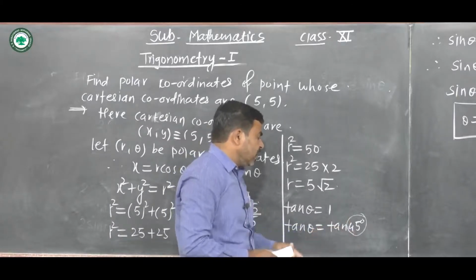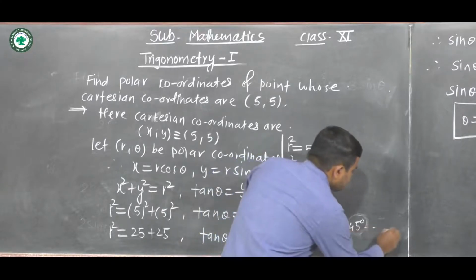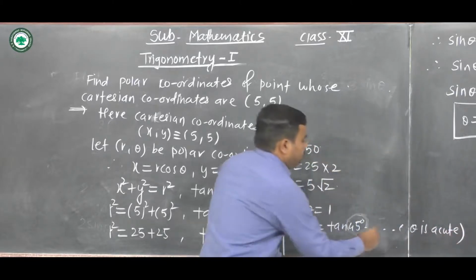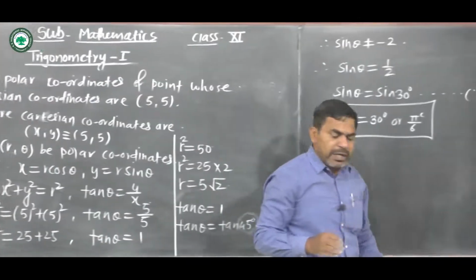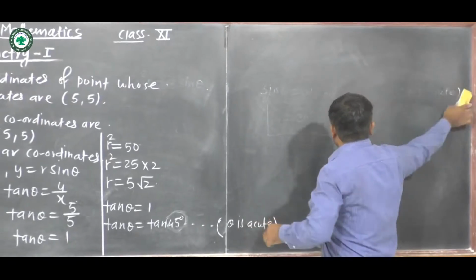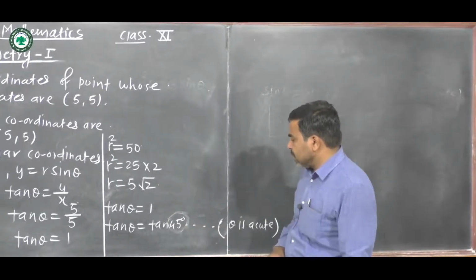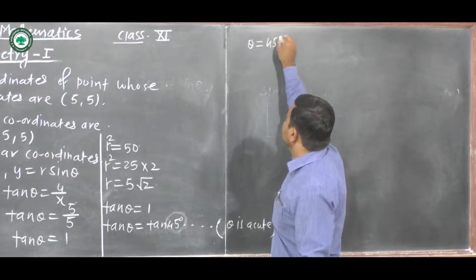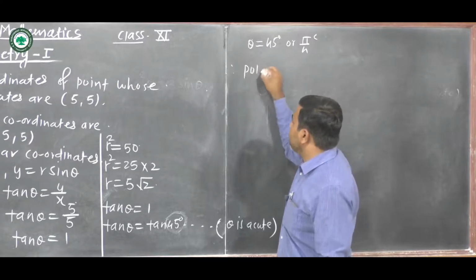So tan theta is equal to tan of 45 degrees, so theta is equal to 45 degrees or pi by 4 radian.